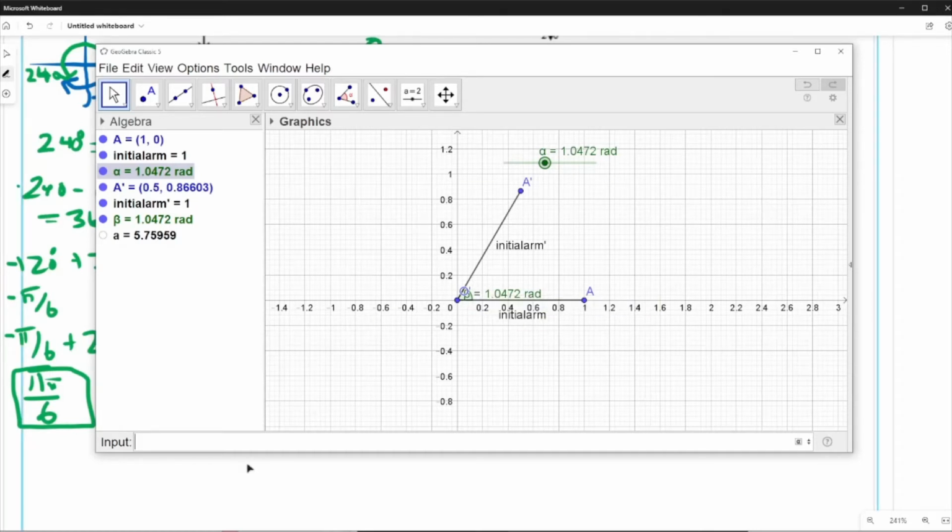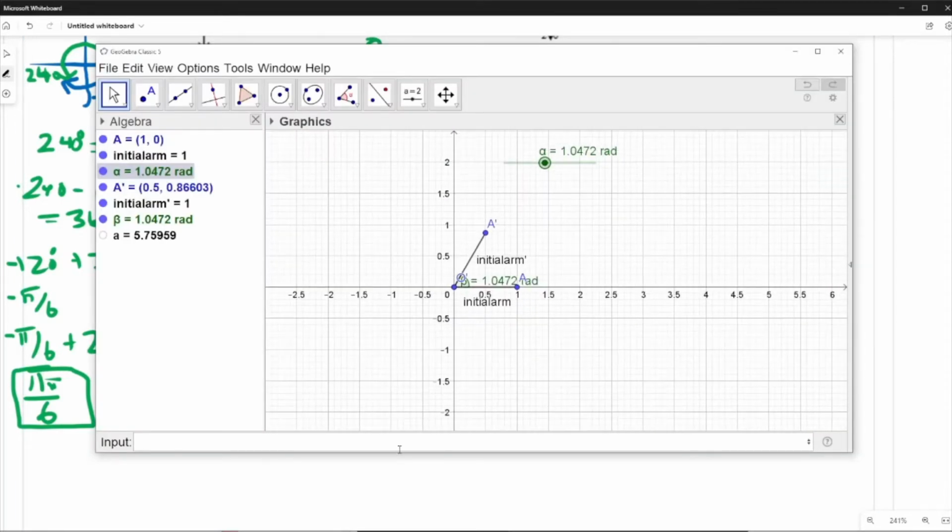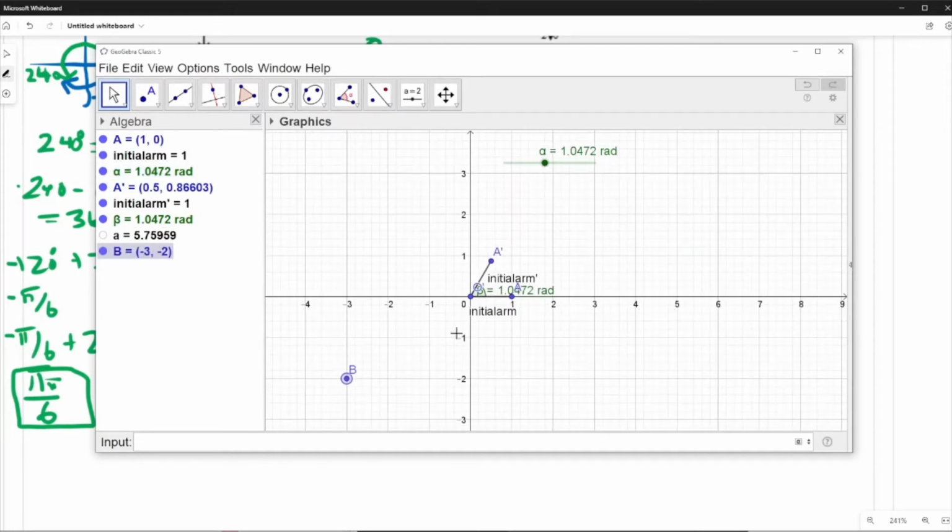Now, the second thing that standard position is used for is that we can say a point has an angle. So for instance, if we go back here and we draw a random point, let's all draw -3, -2. So we've got a point over here. Now, how could I say that point has an angle?